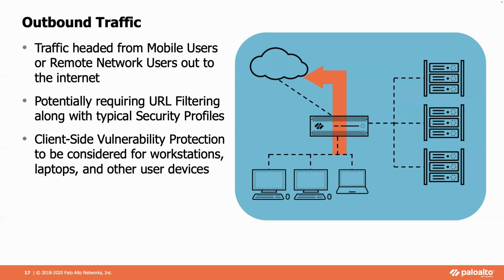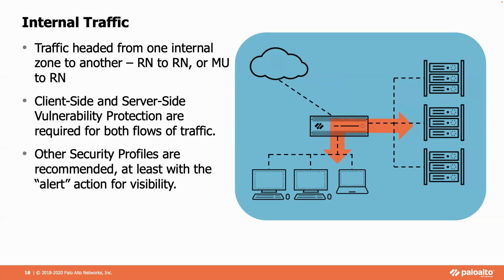Users going out to the internet. If you have the interconnect license, or if you're using our Prisma SASE solution that includes Prisma SD-WAN, you could have internal traffic flows. And now you're starting to look towards things such as server vulnerabilities instead of client vulnerabilities and some things like that.